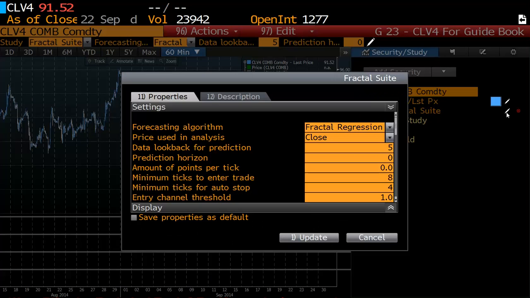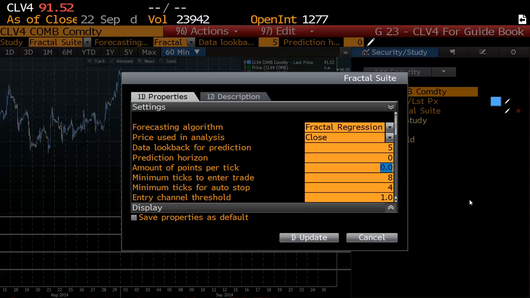The next step, which is critical and unfortunately is not something that can be automated, is the amount of points per tick category. This is an input that is tied directly to the scaling of the indicators in the suite. It's very important that this amount of points per tick matches the minimum tick movement for the market that you're trading.